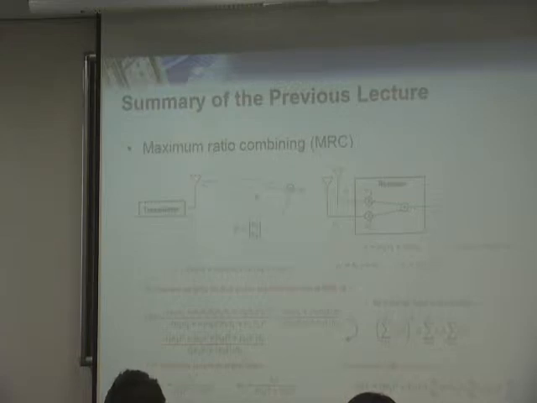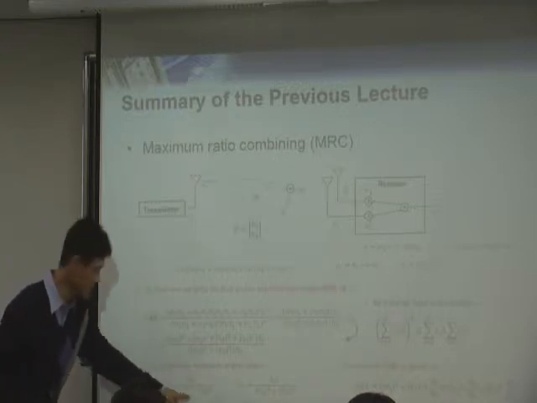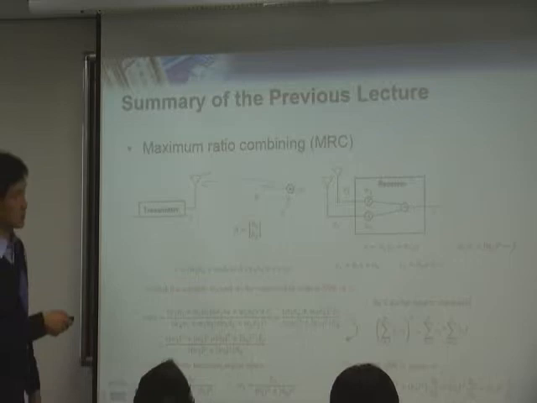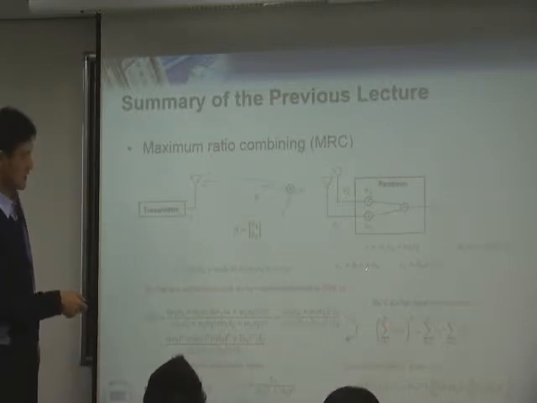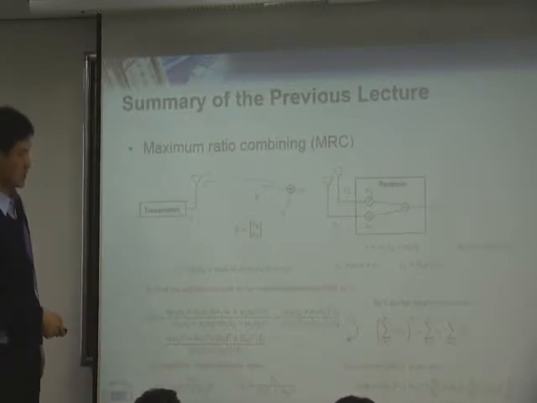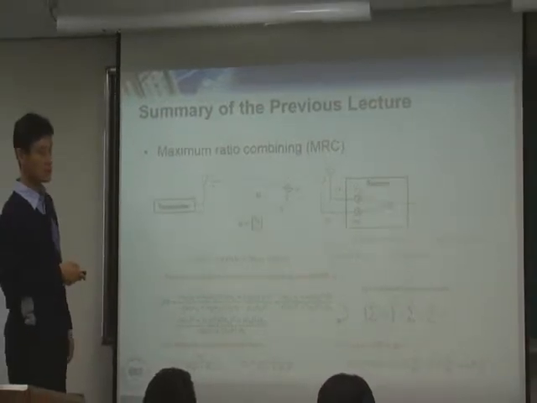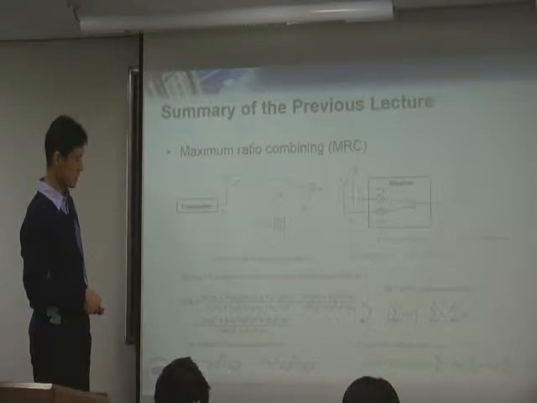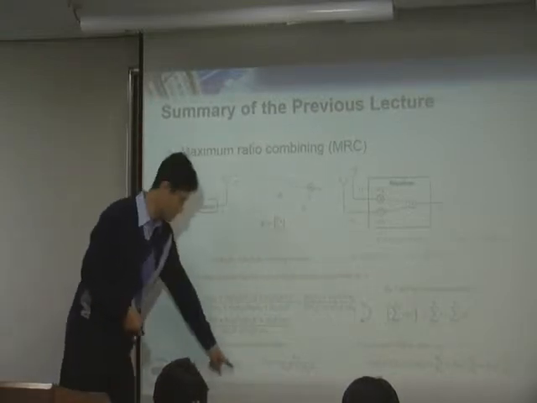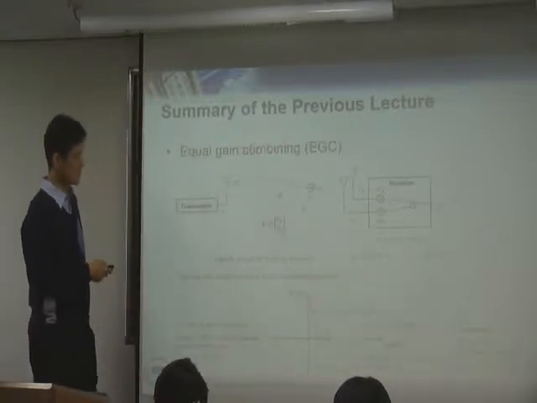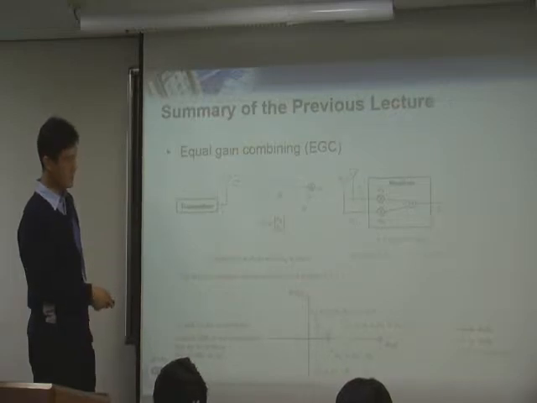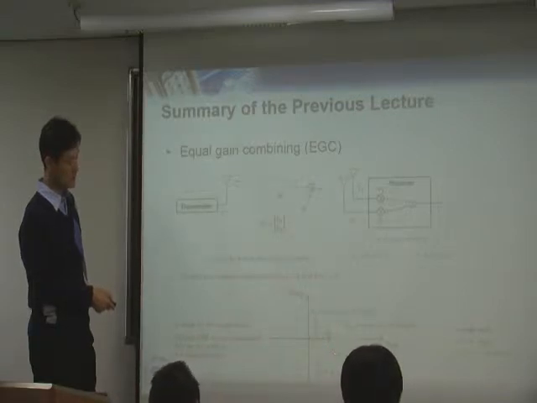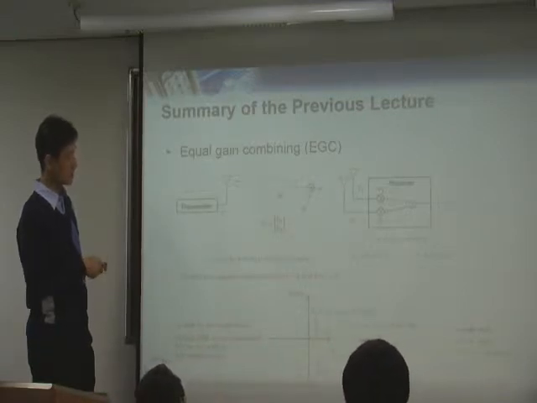If you see this as a constant, then this gain tries to cancel out H1, and W2 tries to cancel out H2. But W1 and W2 actually have different gains like this. In equal gain combining, W1 and W2 have a unit size. Its size is 1. So that's the only difference.